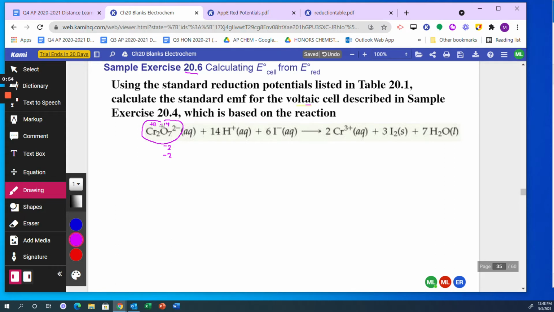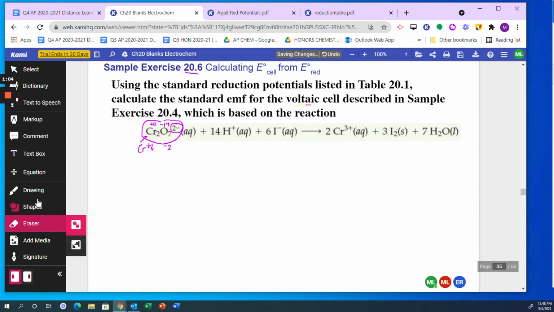So +12 minus 14 is -2, which means the oxidation state of chromium is +6, and the oxidation state of oxygen is -2. Okay, so I'm going to look over here to chromium. Chromium's oxidation state is +3. So it looks like Cr got reduced. So I'm going to write that down.